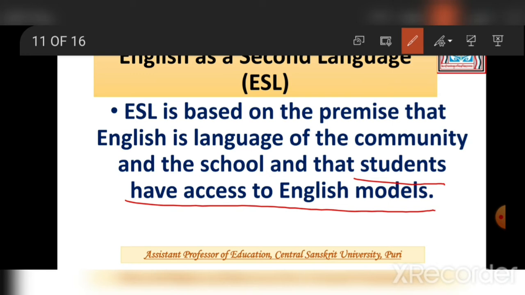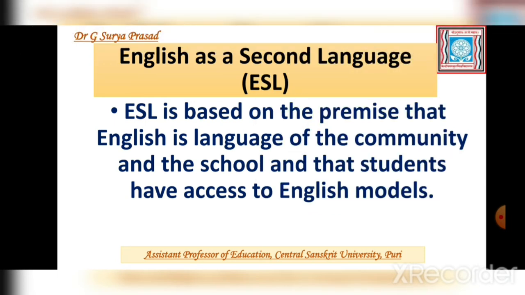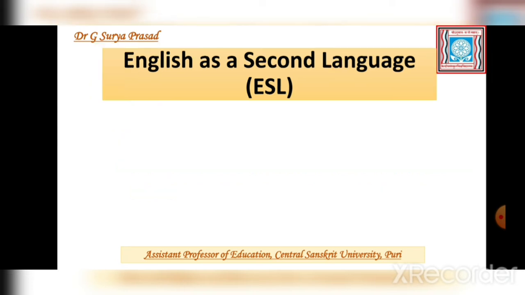So in ESL countries, the students can access English models, meaning like in ENL countries, whatever models and strategies are available for learning the English language, these people from ESL countries can have access to them, meaning they can understand. That is a difference.